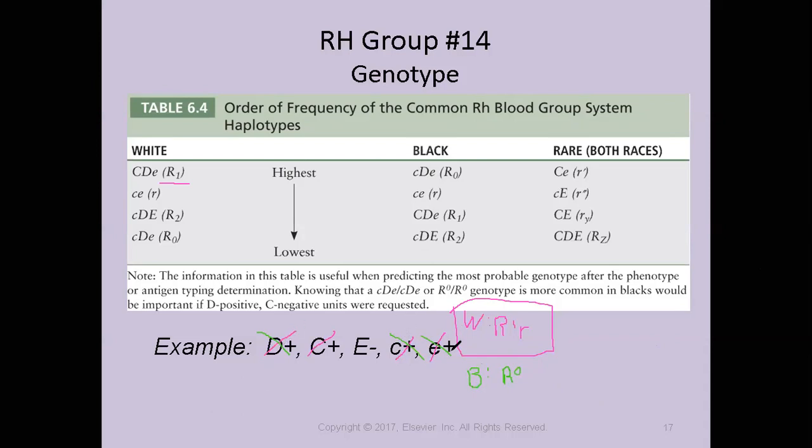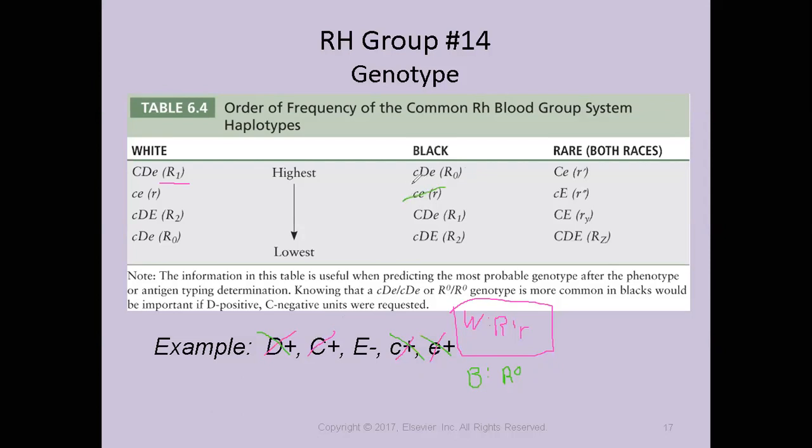What we need to find in our next genotype is something to provide the big C, because we had a positive with big C testing that wasn't provided by R0. So we go on down to the second one, little c, little e. Looking at this, at first you might say, oh yeah, that fits. And it does fit because we have a little c and we have a little e.